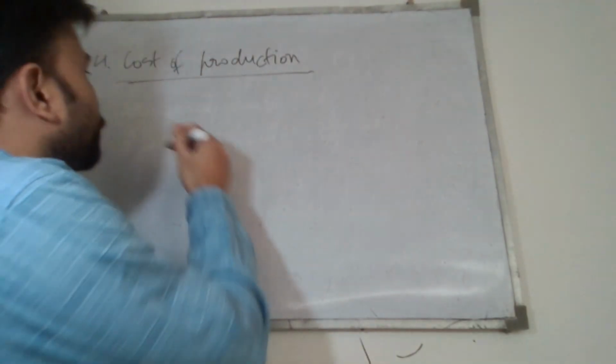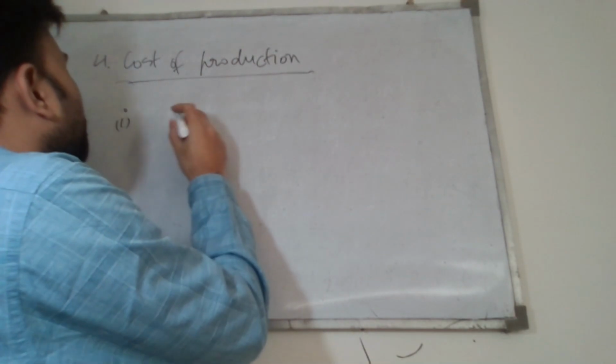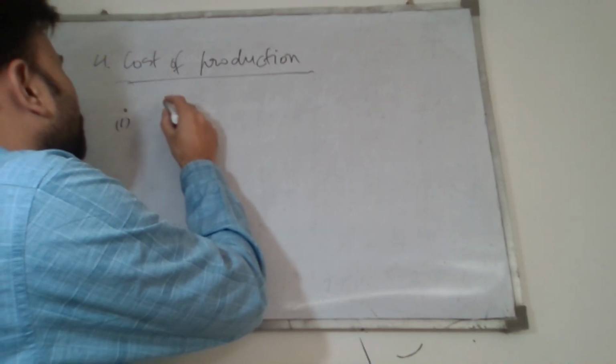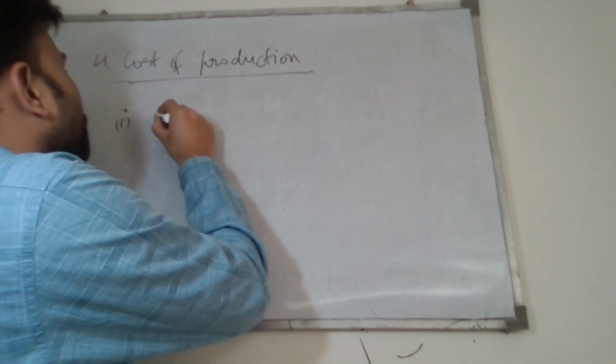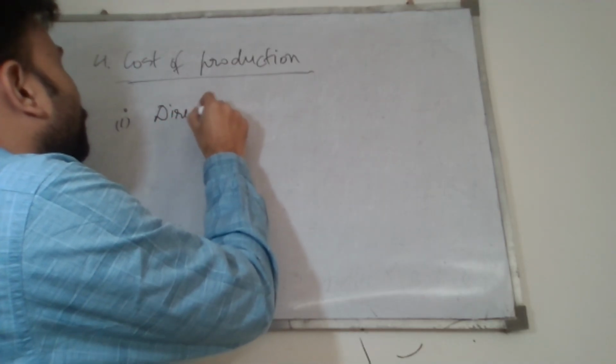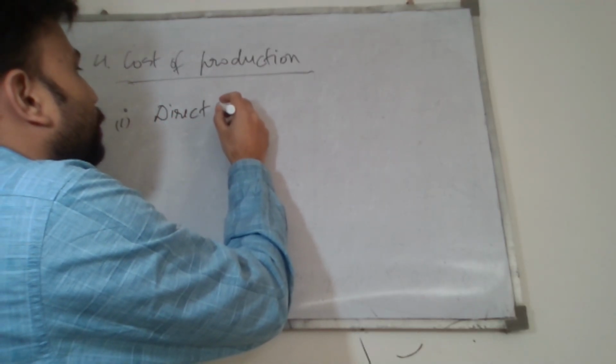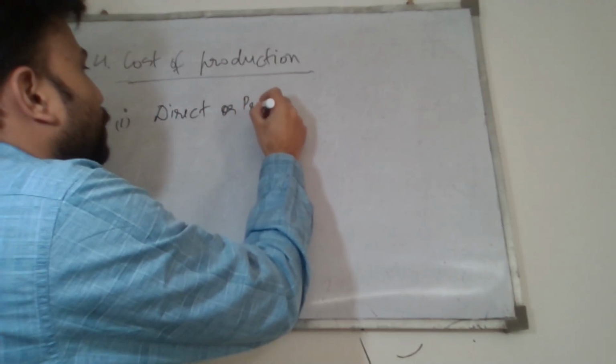So first, let's say we have the direct costs which are involved, direct or prime costs.